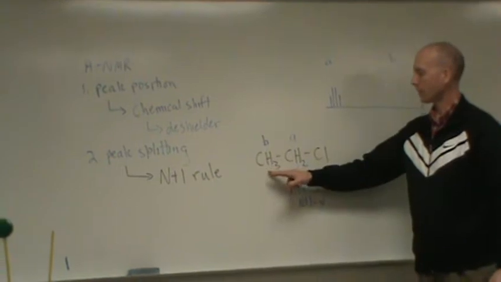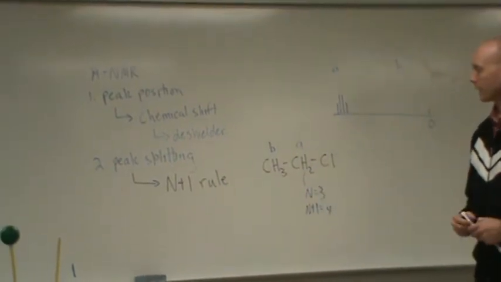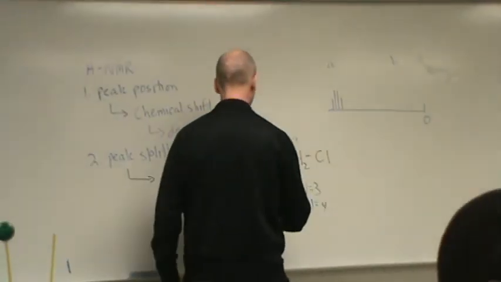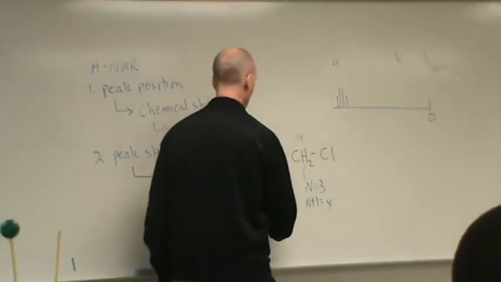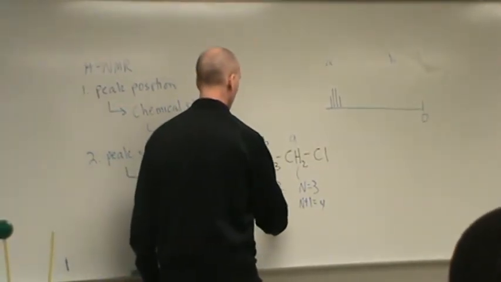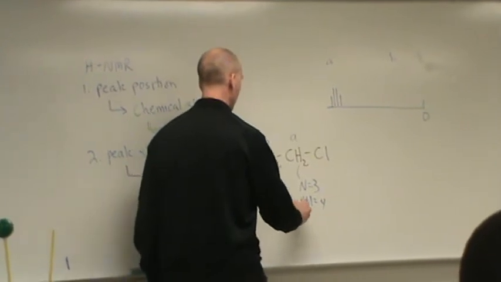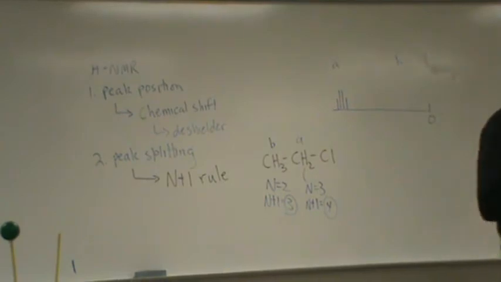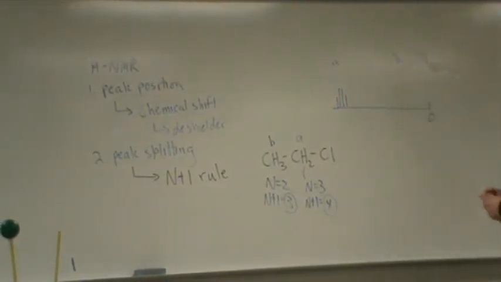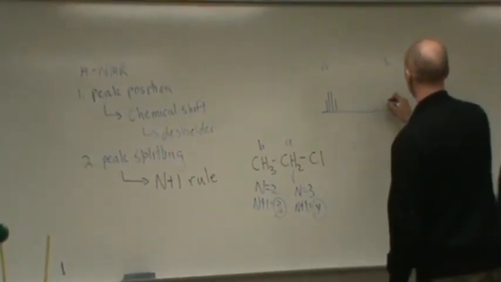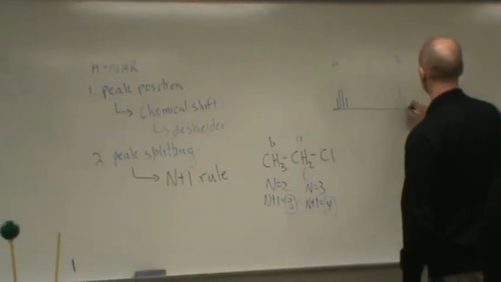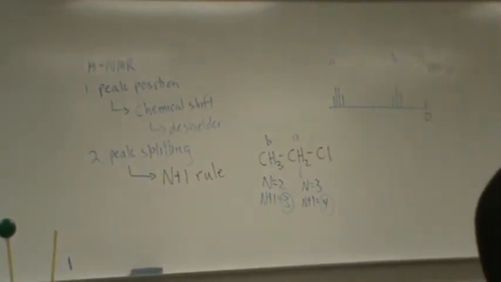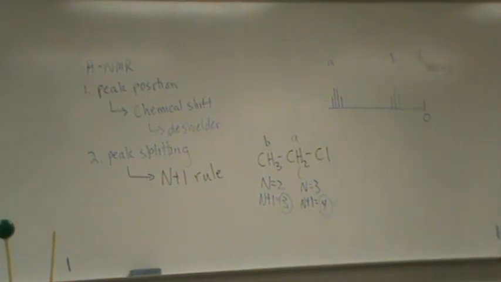What about B? What are the neighbors for B? 2. And so N plus 1 is what? 3. So the B signal will be 3 lines, where again the outer 2 lines will be smaller than the middle line.